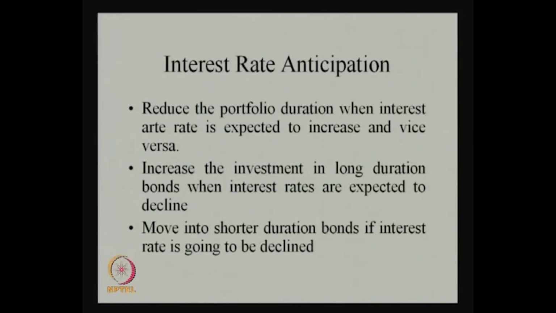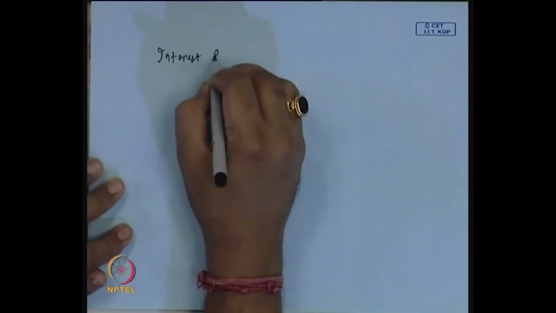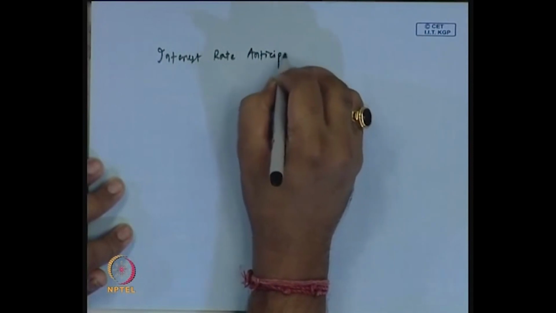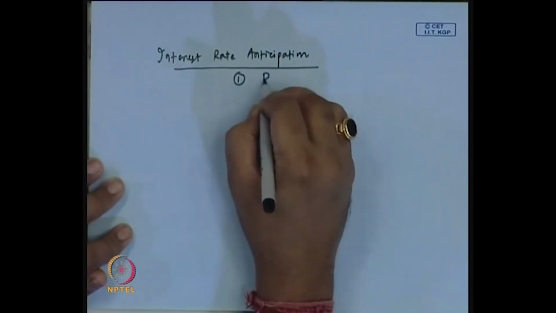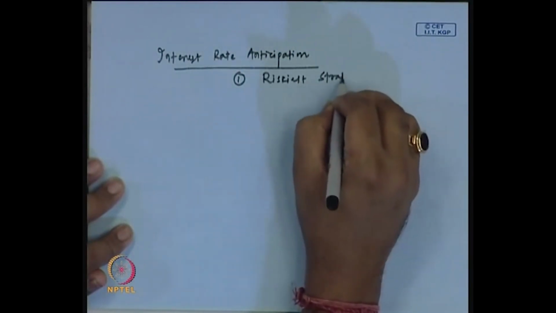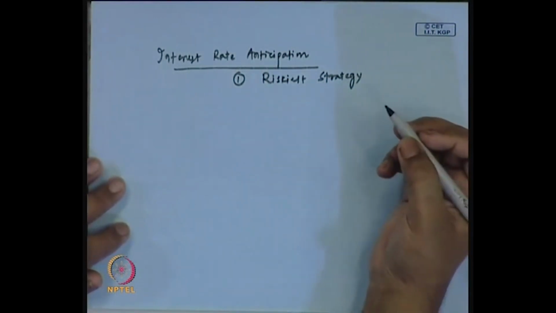Interest rate anticipation, generally in the literature, we consider to be the riskiest strategy. Interest rate anticipation, or predicting interest rate, is the riskiest strategy in the bond portfolio management process.